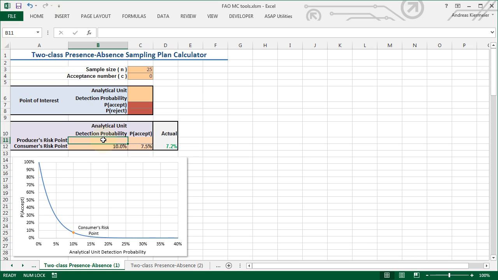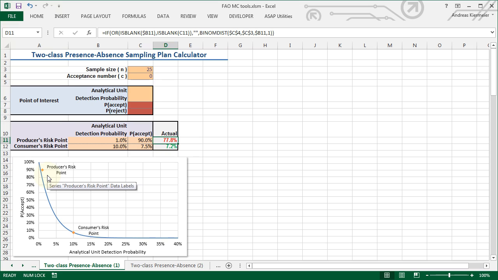And you can specify a producer's risk point to have a look at this. For example, if we pick 1% and a 90% probability of acceptance, then we see a producer's risk point showing up on the graph. The current sampling plan does not meet this particular producer's risk point because now the actual probability is less than the probability of acceptance, and we need it to be greater than.